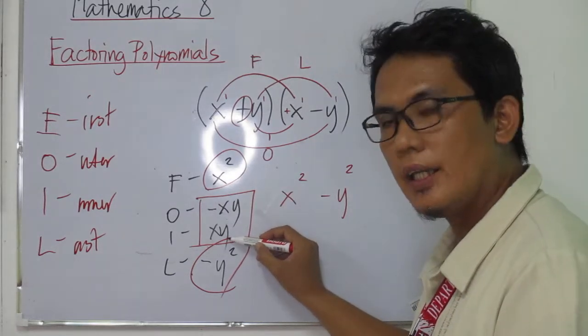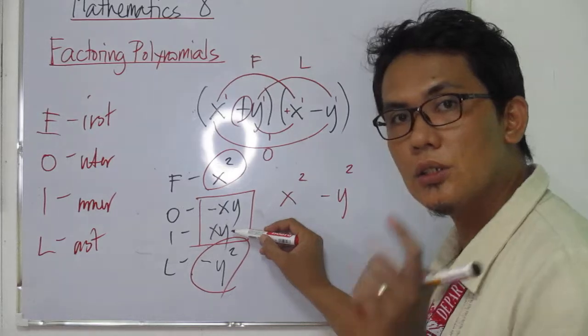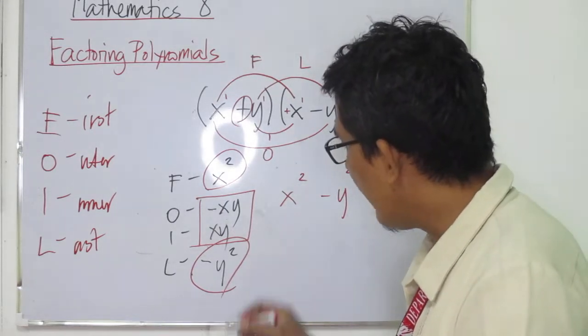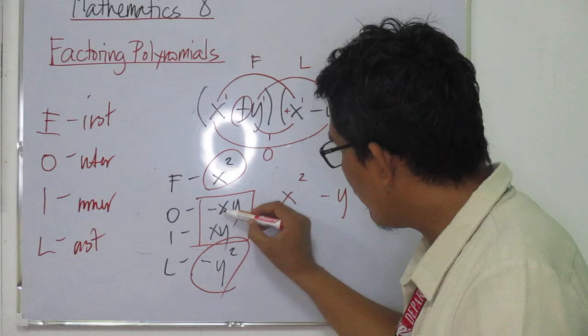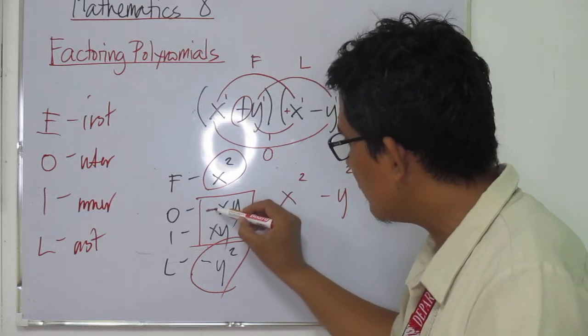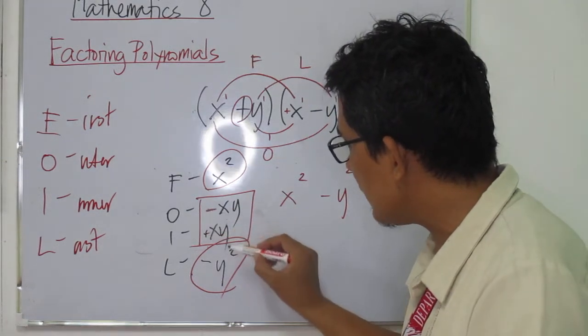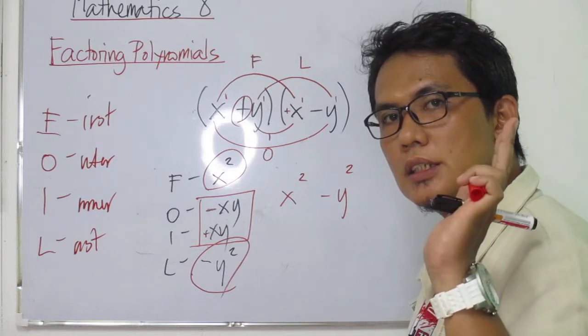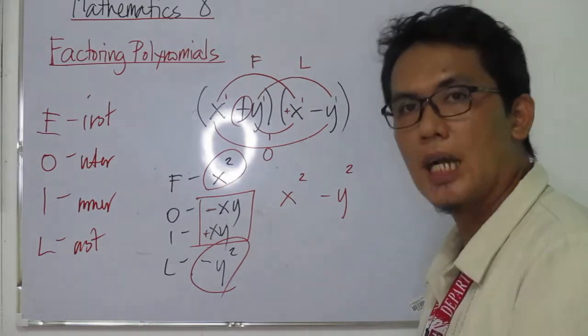If the terms are similar, we're going to combine, add, or subtract. Our first xy is negative, and our second xy is positive. So the rule of addition is, we're going to subtract.